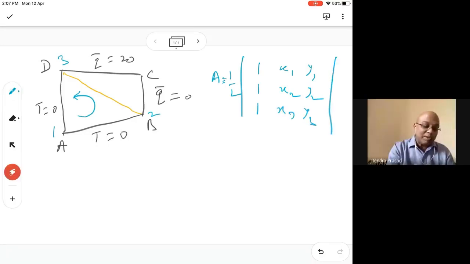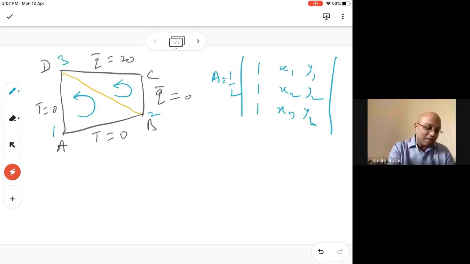So it's important that you number anti-clockwise so that this is positive. If you go clockwise, you will get a negative area, so keep in mind to have anti-clockwise numbering in both cases.